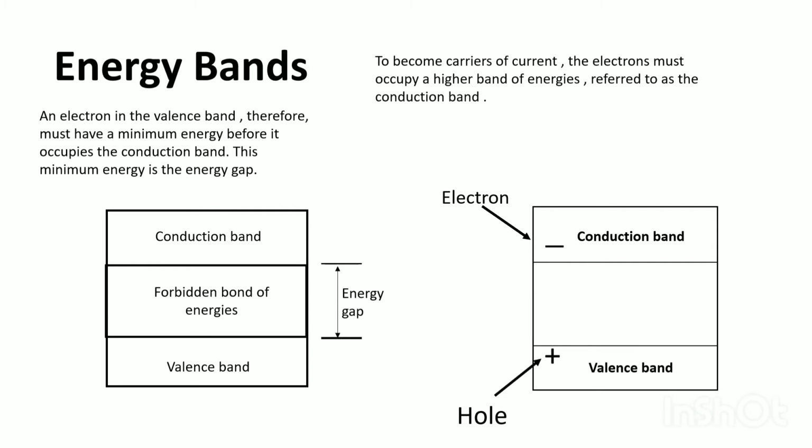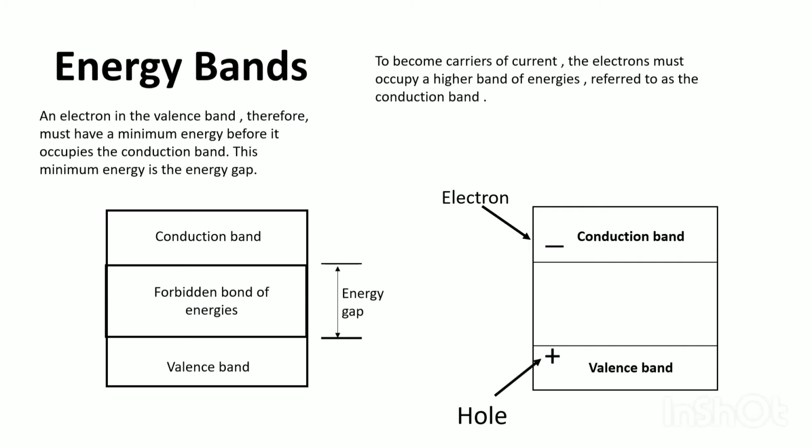The resistance of a semiconductor is greater than that of a conductor, but considerably less than that of an insulator. With the aid of the energy band diagram, according to the modern atomic theory, the energies of electrons in a material such as silicon are grouped in energy bands.